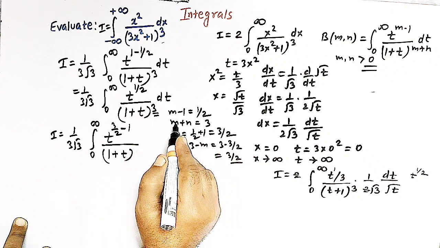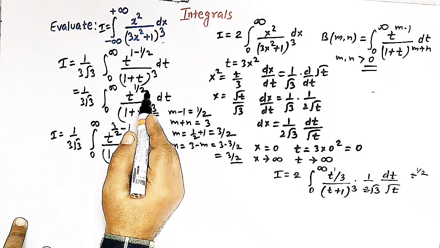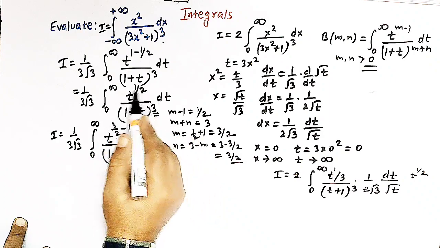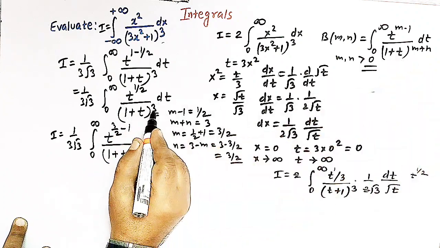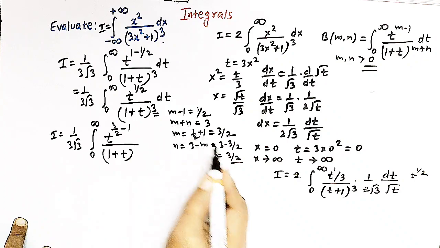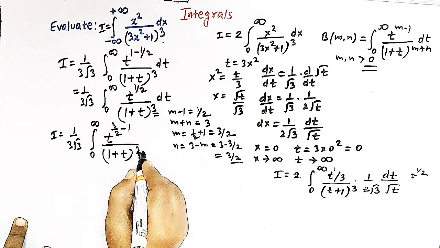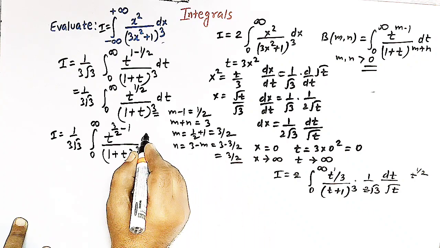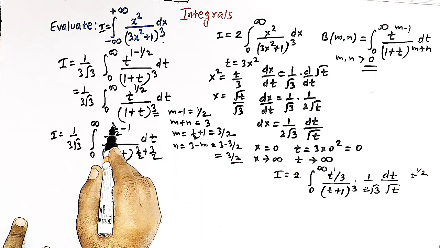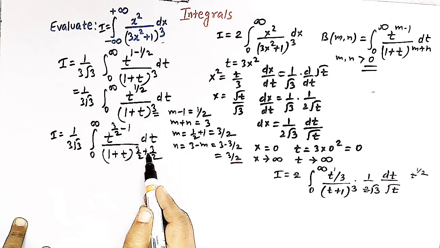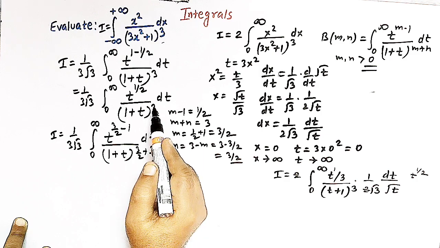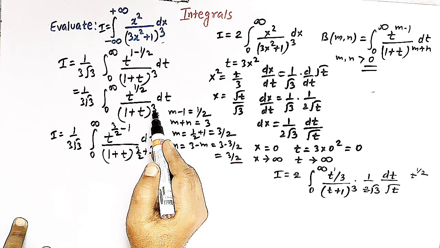Now 3 is equal to m plus n, right? Because we wish to write this integral in this form. So 3 can be replaced by m plus n. M is 3 by 2 and n is 3 by 2. And here we have dt. So 3 by 2 minus 1 is half, and 3 by 2 plus 3 by 2 is equal to 3.